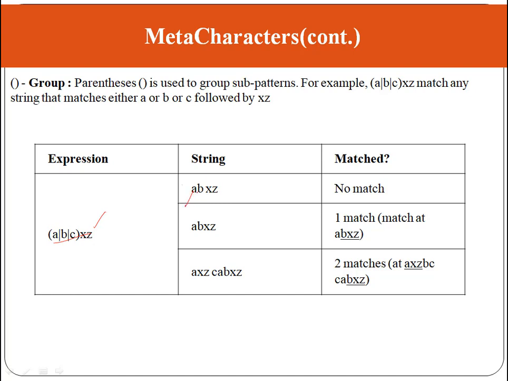Here there is a space, so that's why it is not matched. BXZ will be matched, because either A, either B, either C followed by XZ. Till this point it is not matched, but starting here it is matched. Again BXZ is matched. Over here also AXZ is matched because either A, B, or C is followed by XZ.